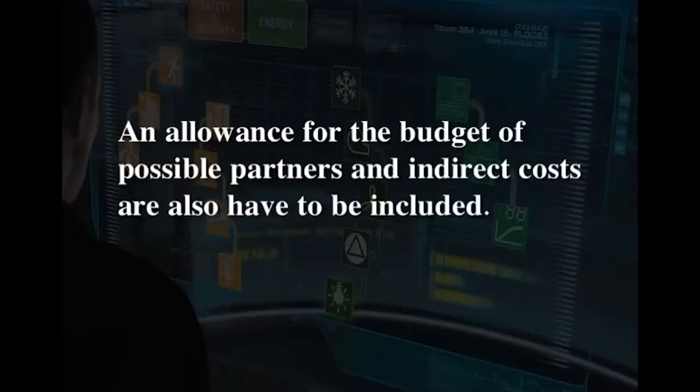An estimate of the project cost has to be given by costing of the main project inputs. An allowance for the budget of possible partners and indirect costs also has to be included. Be sure to include and label all project costs. It is very important for all parties to understand the true and full project costs and to avoid hidden subsidies.